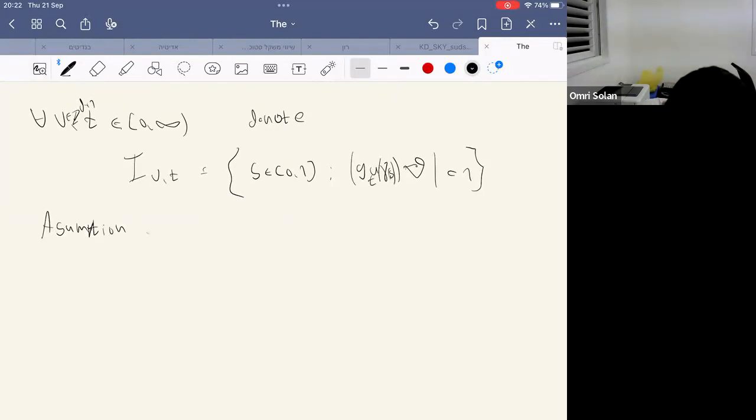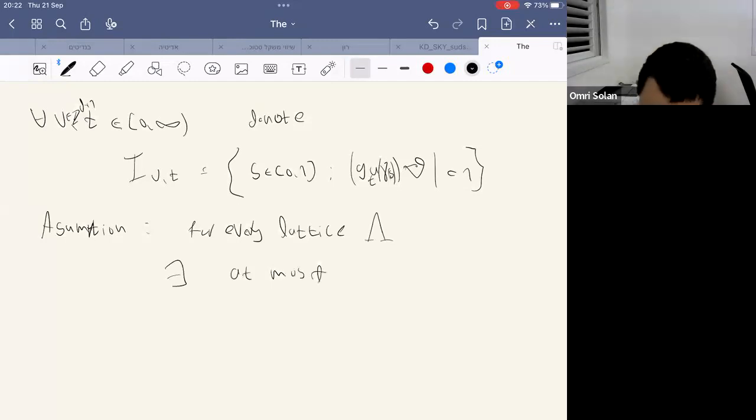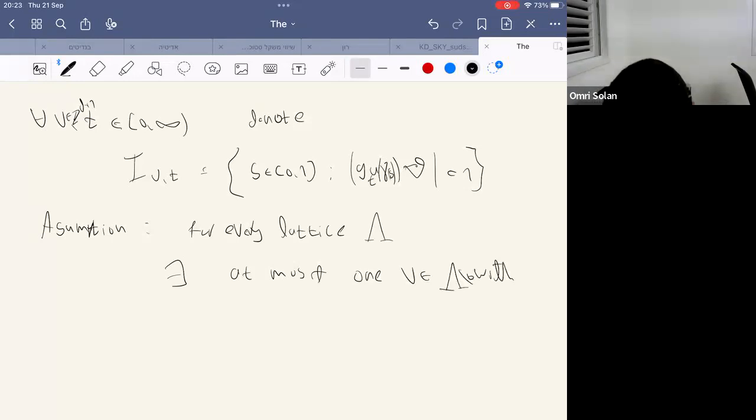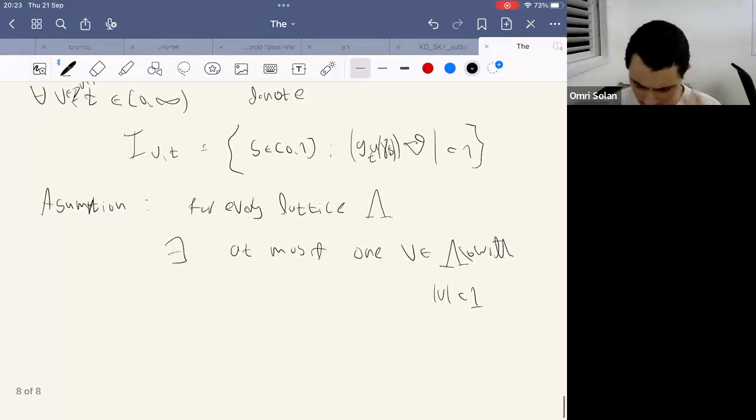Assumption: for every lattice lambda, there exists at most one short vector. I don't want to deal with the case that there are somehow two vectors shorter than one. At most one nonzero v in lambda with norm of v less than 1. It's completely false, but it will help me make my point.